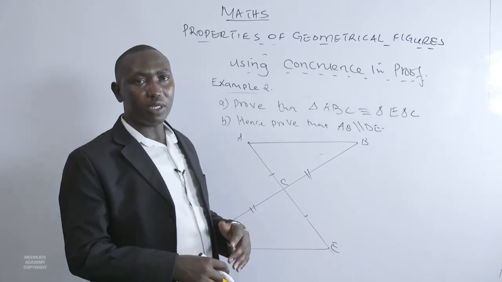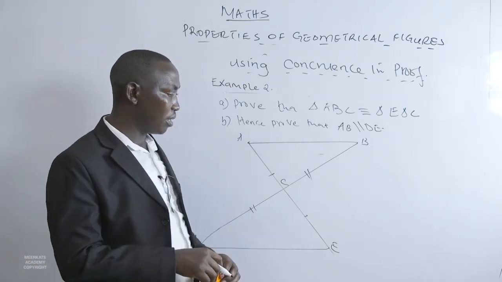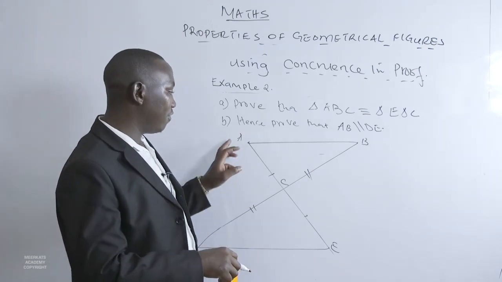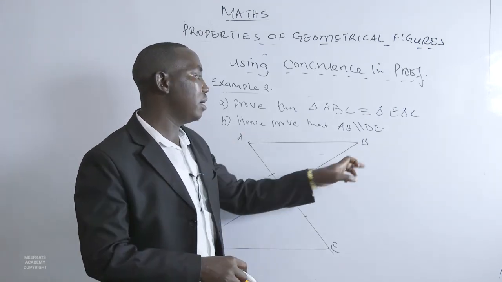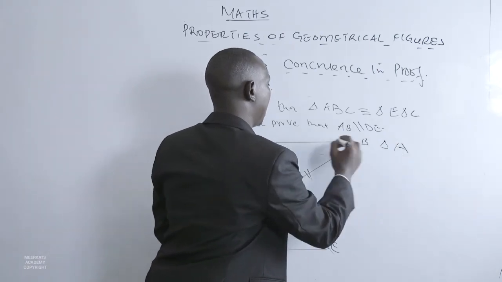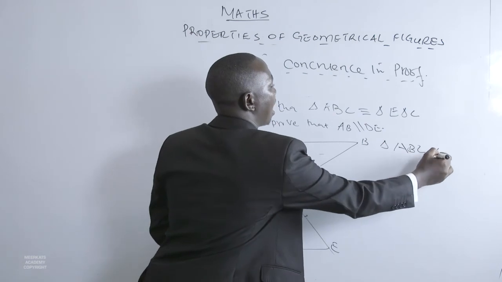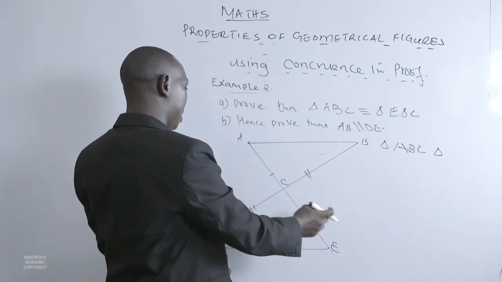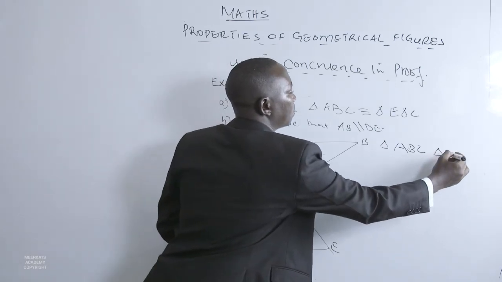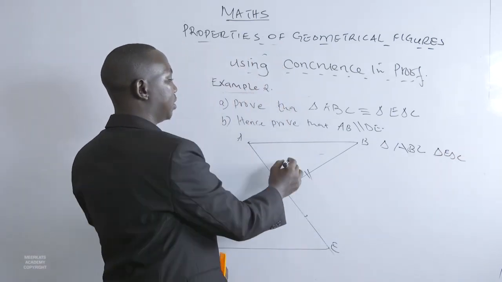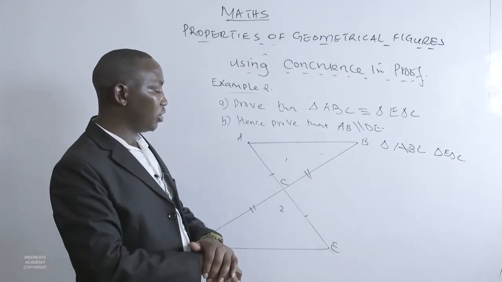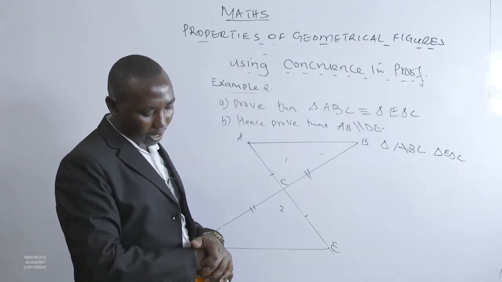Now here, how many triangles can you see? We have 2 triangles. We have triangle ABC and another triangle EDC. We want to show that these 2 triangles are congruent.